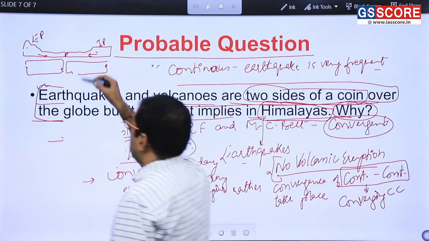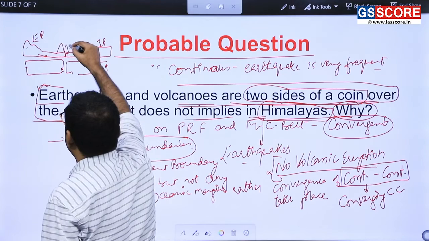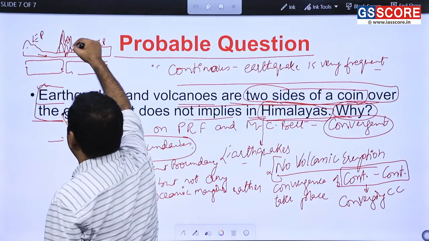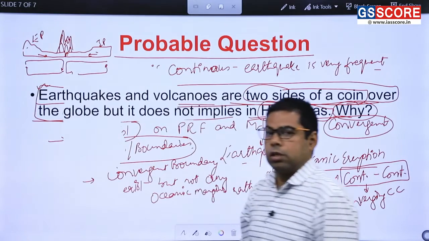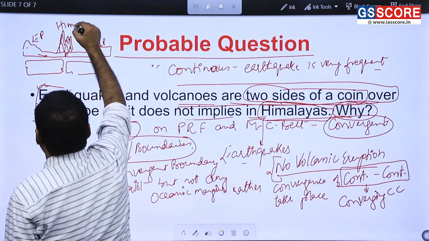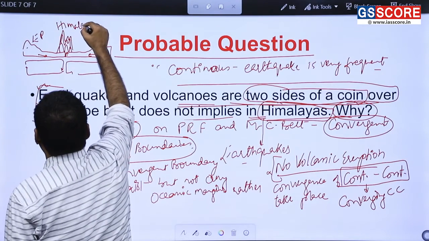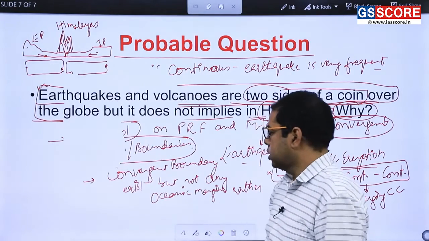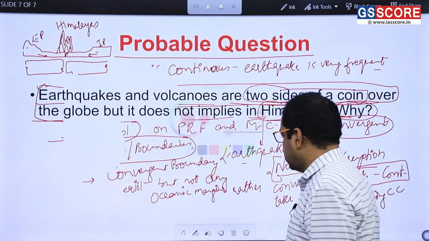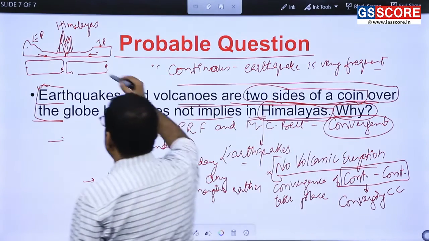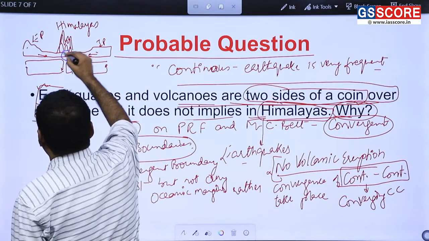Because of this, there has been fold formation, right? You can write here Himalayas. Also, to draw the attention of the examiner, you can mark this area. What is this area?